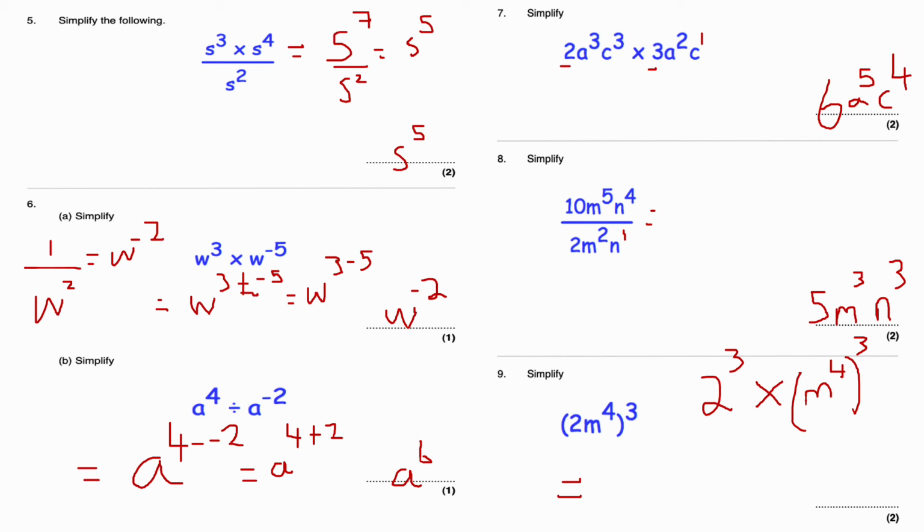So 2 to the power of 3, or 2 cubed, is 8. M to the 4, all cubed, okay, is m to the 4 times 3, which is 12. So the answer I get is 8m to the power of 12.